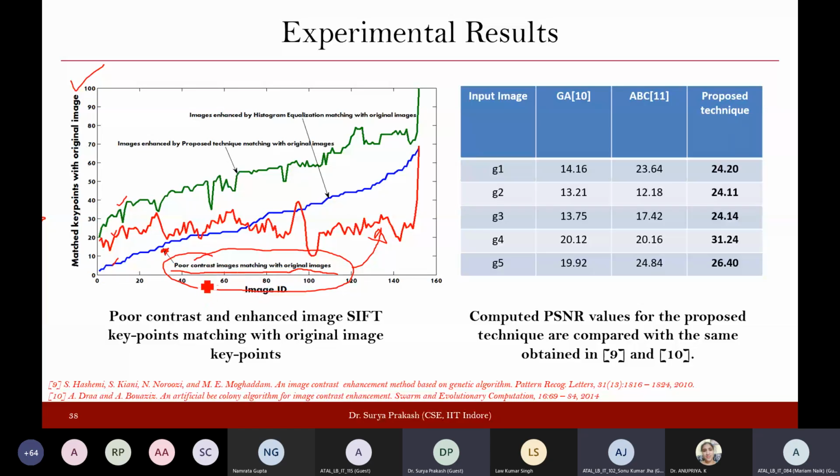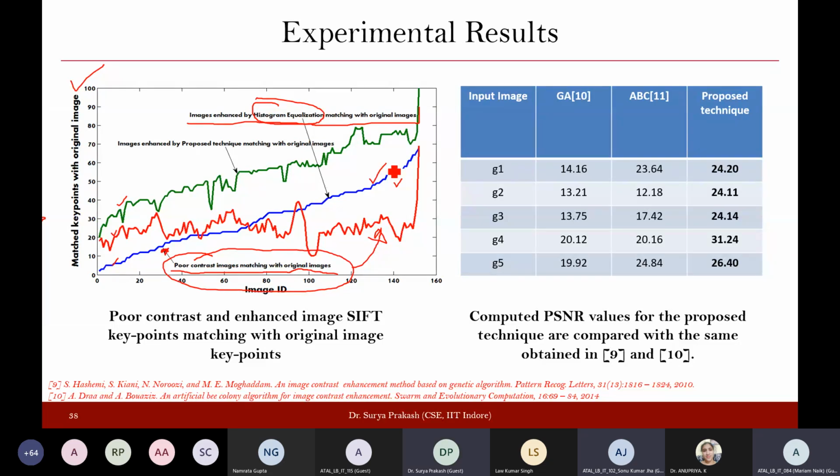So this is about the poor contrast. Here the score is, what is happening? The original images with the images which have been improved by histogram equalization. At the beginning, I told you that histogram equalization is also a process of improving the contrast of the image.